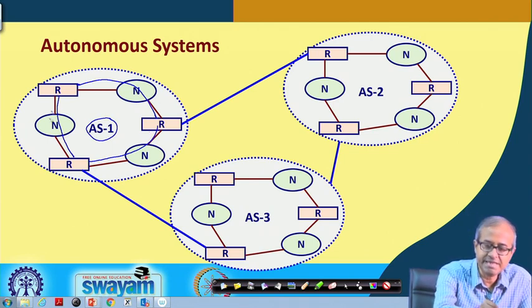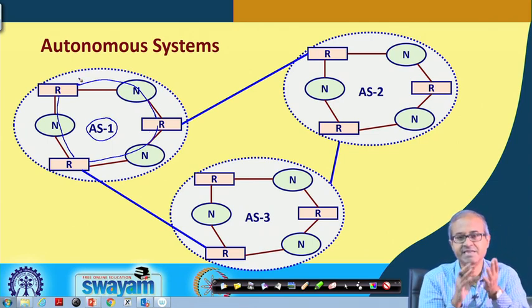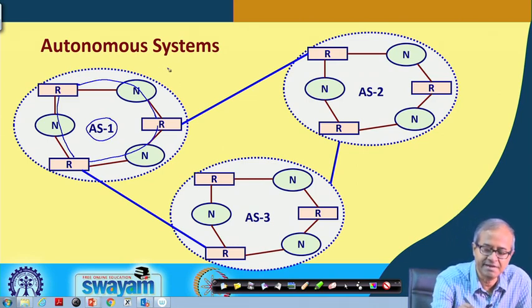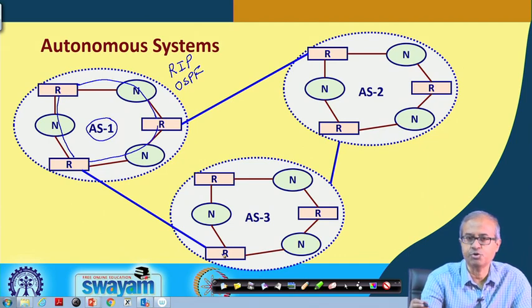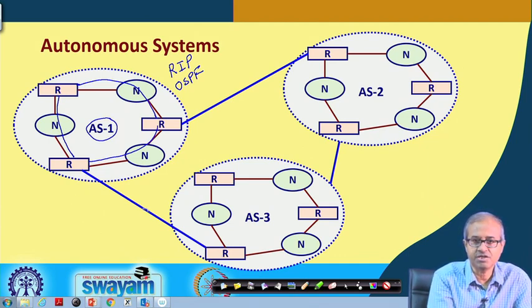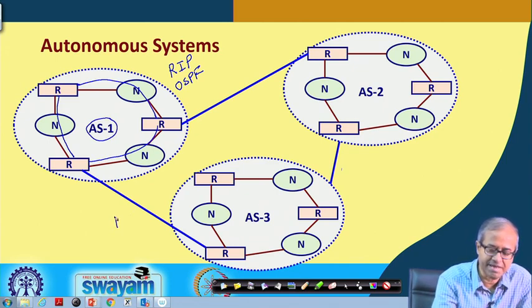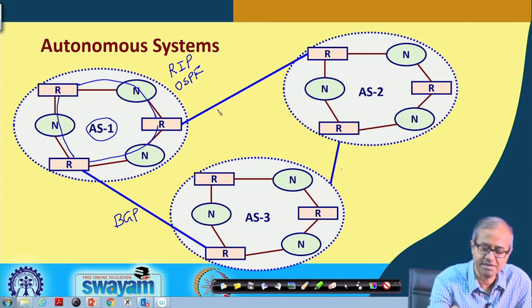Now, these routers can exchange information and keep their routing tables updated using interior protocols, of which I said there are 2 main examples, RIP and OSPF. But when you talk about routers which belong to different autonomous systems, which are shown by these blue lines, here you use some exterior routing protocol like BGP.